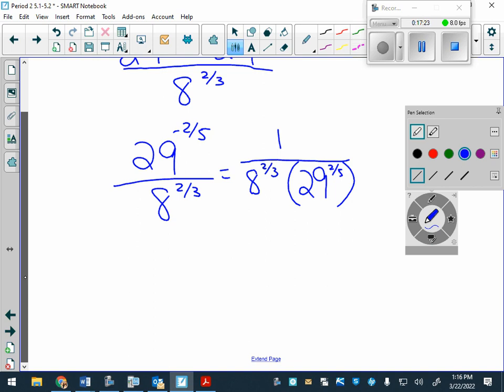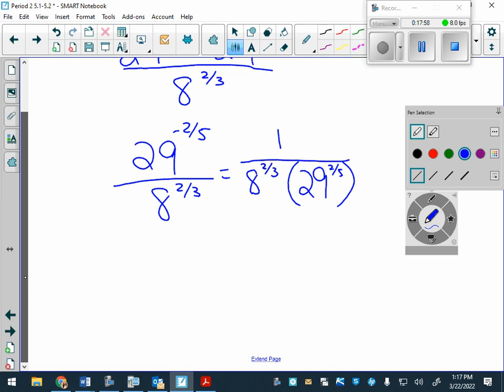Any other questions on the homework? Yeah, Genevieve. The one that I crossed out, okay, so it's 8x to the 1/3, right? That means the cube root of 8x.